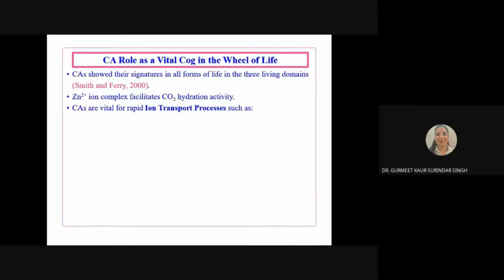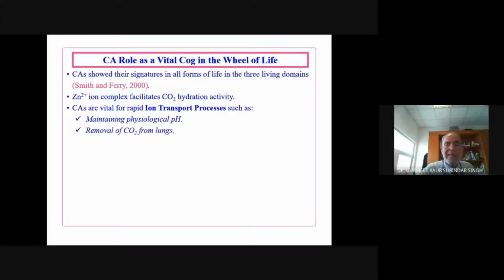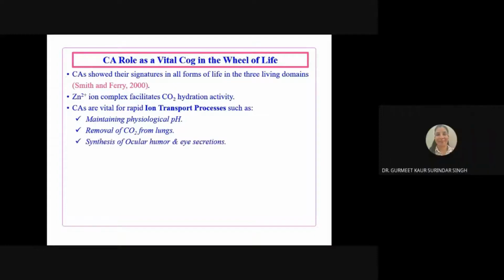And it is very important in the ion transport processes. It maintains the physiological pH and the buffering system. It removes carbon dioxide, and it is very important for the synthesis of the vitreous and ocular humor eye secretions. And also it is involved in ion transport and respiration.